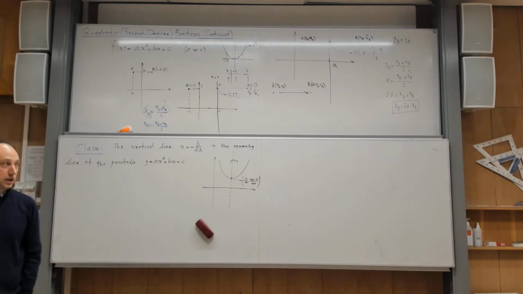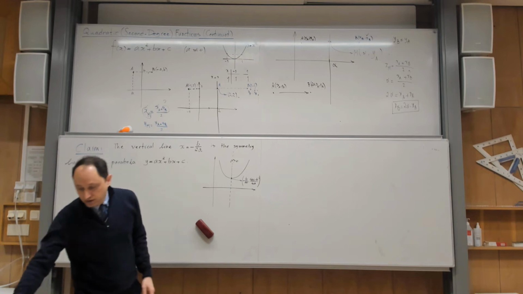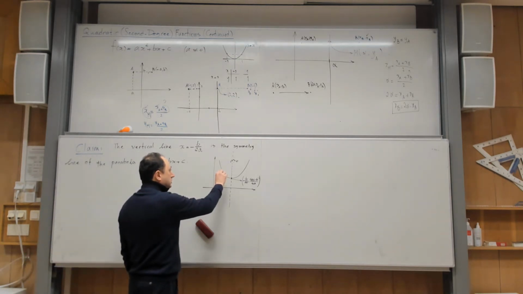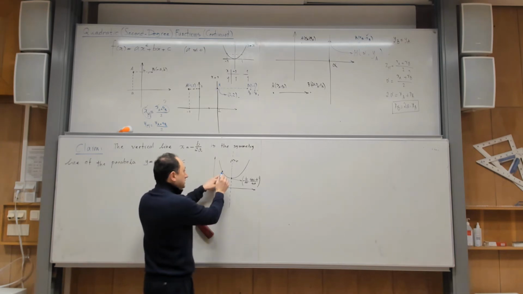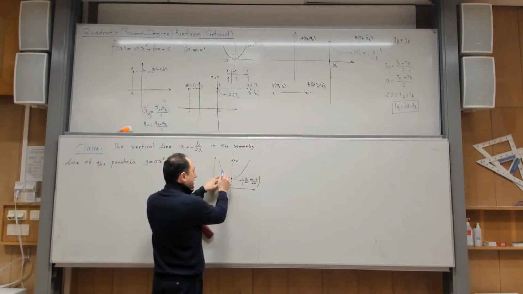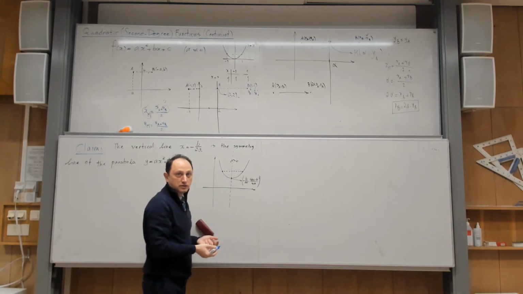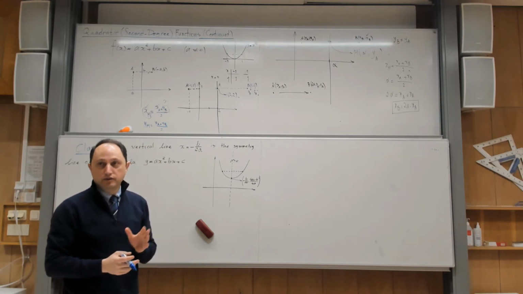So what is the meaning of this line to be a symmetry line? It means that if I choose any point on the parabola and I find the mirror image of that point with respect to this line, it will end up somewhere on the parabola. Yes? That is the meaning of being a symmetry line. Is that understandable for everyone?